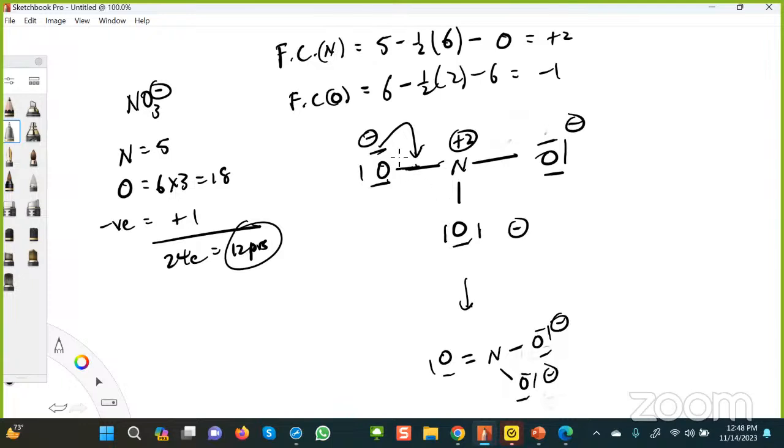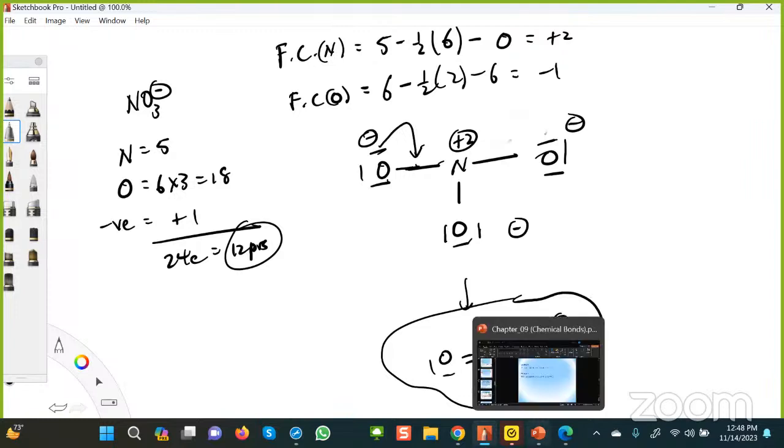Now, only one of the 2 plus charges will cancel out, so you're going to end up with a plus charge here. And that would be the final answer right here. All right? Okay, any questions about this example? Any questions?